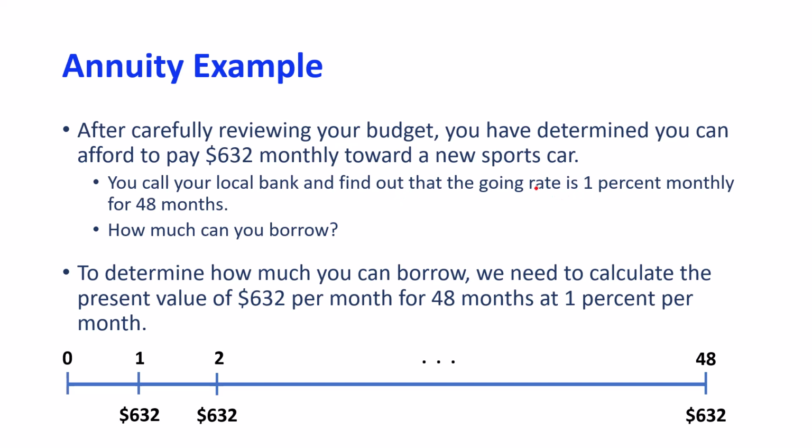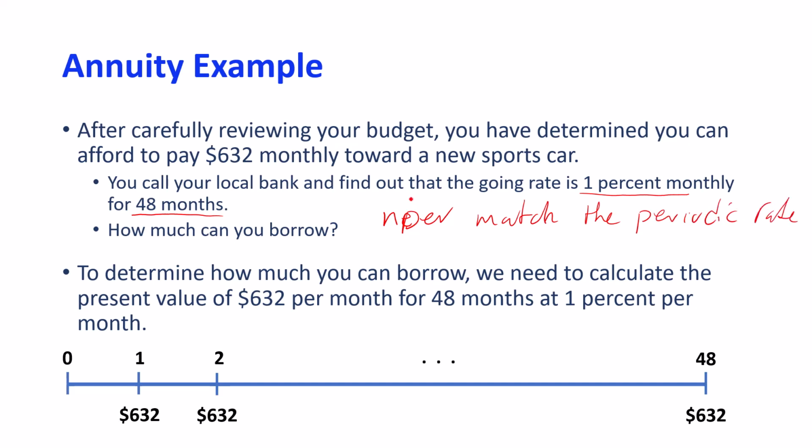Remember, so far we had annual compounding, so we used the annual rate. But here, since we are having monthly payments, we need to have the monthly rate. So the number of periods should always match the periodic rate.